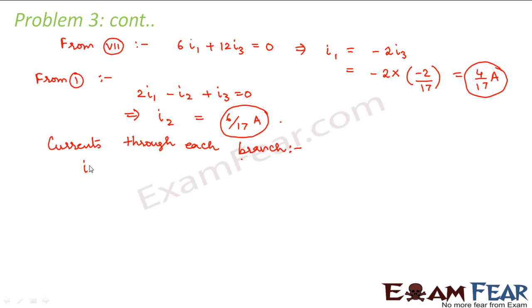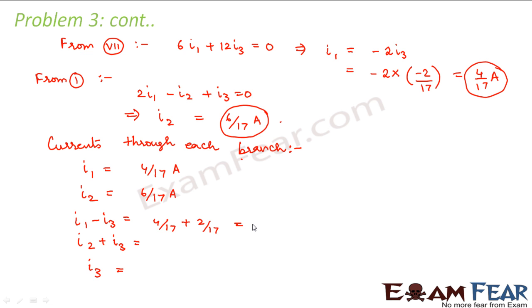So these are the values of currents going through different branches of the circuit. Now we have calculated I1 as 4 by 17 ampere, I2 as 6 by 17 ampere, I1 minus I3 will be 4 by 17 plus 2 by 17, which is equal to 6 by 17 ampere, I2 plus I3.